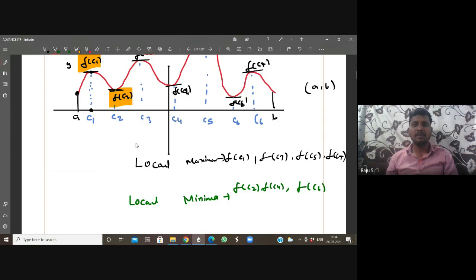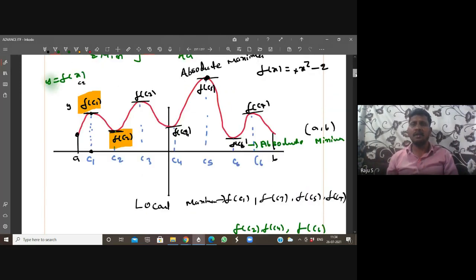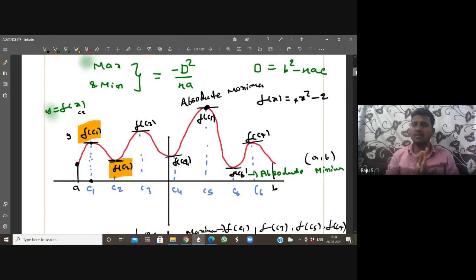Absolute minima is C6, f of C6. This is called absolute minima. So there are two types of maxima and two types of minima: local minima, absolute minima, local maxima, absolute maxima.